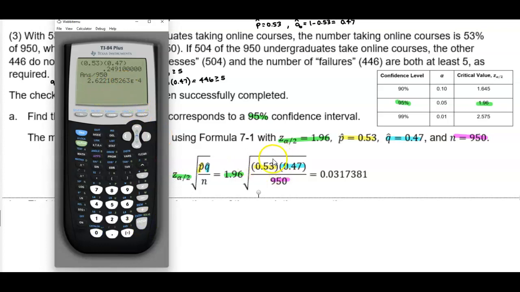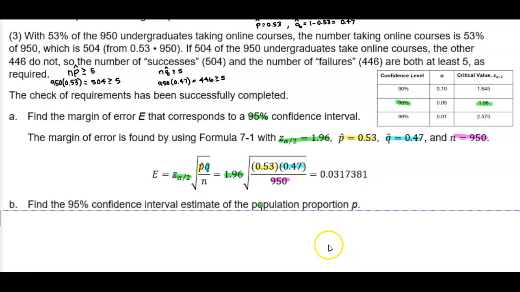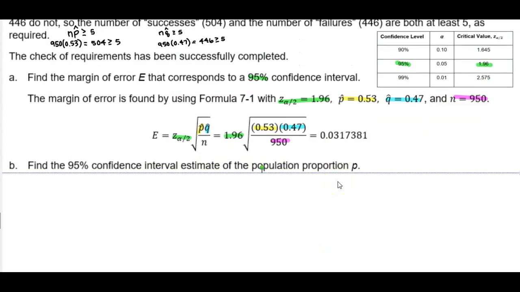Then we want to take the square root of that answer. So I'm going to go second, square root, and then second, answer, and hit enter. Then I'm going to multiply it by 1.96. And that gives me 0.0317381115. We just cut it off at the 1. Now, that's the margin of error.